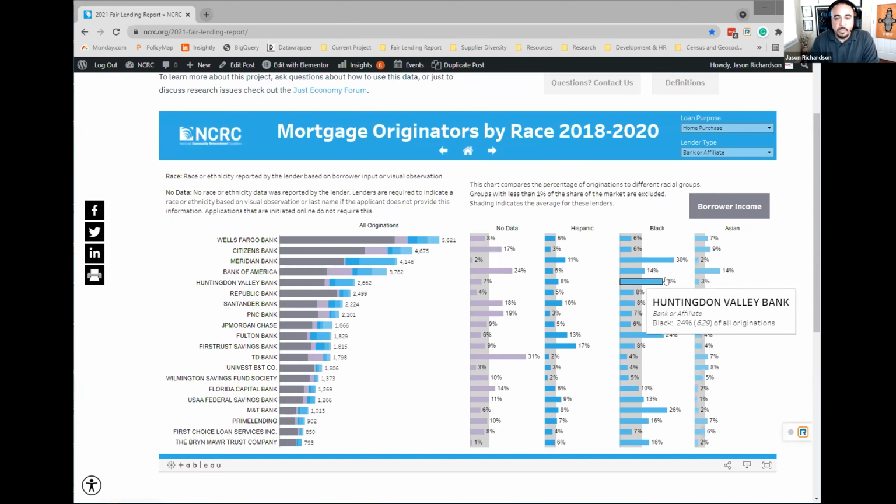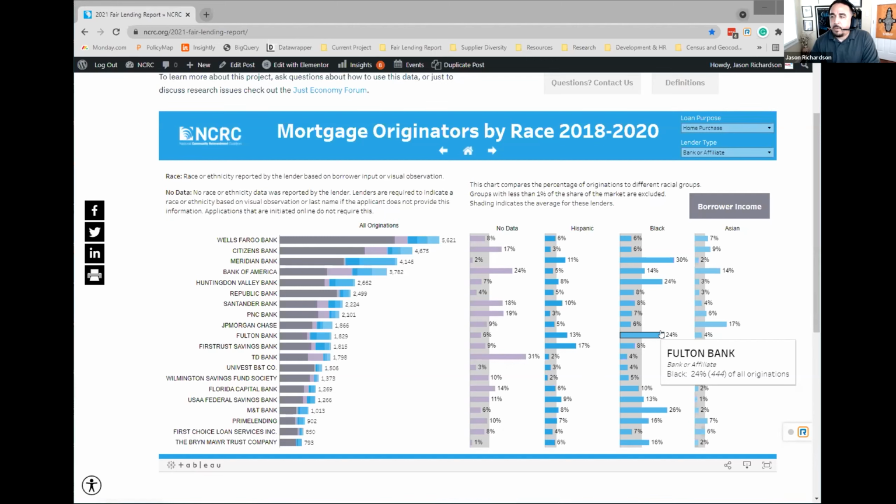So in this case, you see several high performers at making home purchase loans, the share of their home purchase loans going to Black borrowers. And when you hover over the pop-up here, it gives you a little more detail about the percentage and also how many originations that really is, because you don't want to look at a bank and think they're doing great when they only made 4 loans.